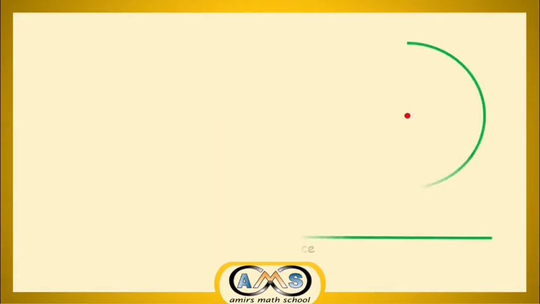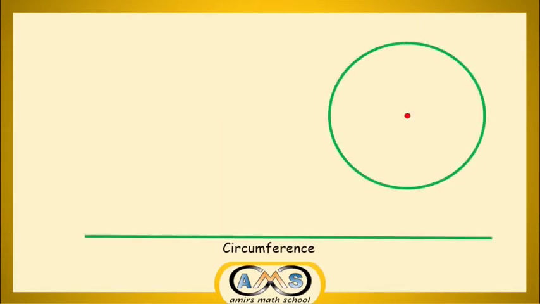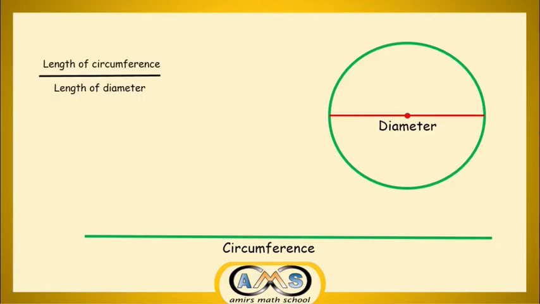Now, for any circle, if this green line represents the length of circumference and this red line represents the length of diameter, then the ratio of length of circumference and the length of diameter is equal to a fixed value for any circle. This fixed value is called pi. This pi is irrational number.